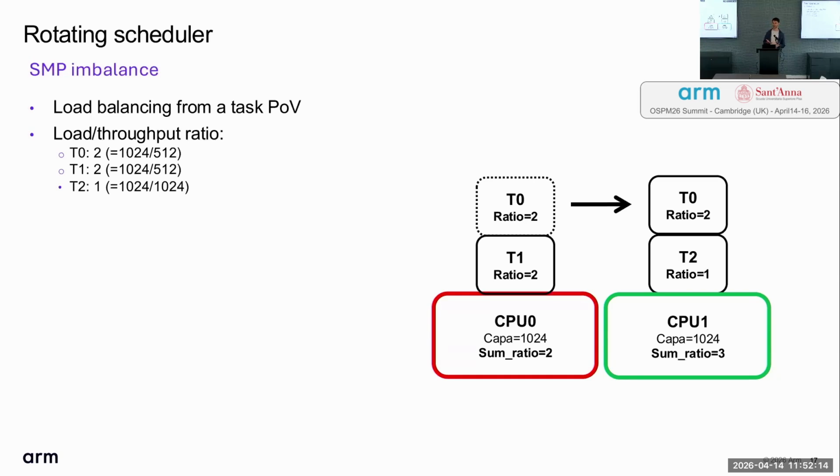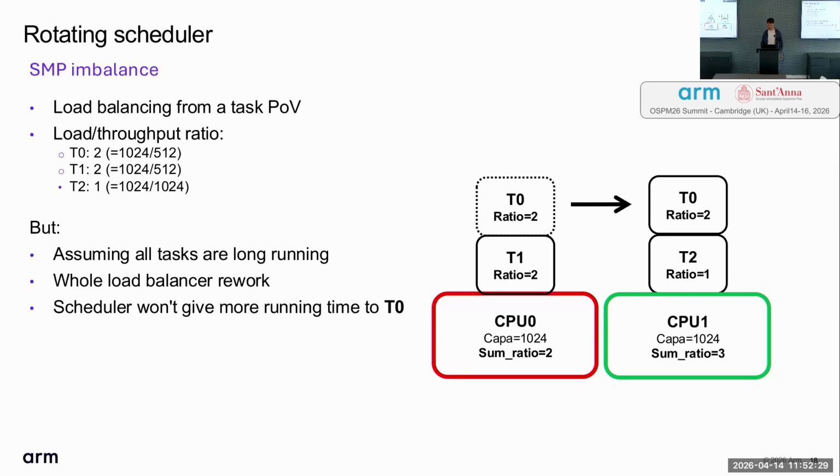If you wanted to go further, task 0 should try to steal some running time from task 2, which means too many modifications. It goes a bit too far, I think. Also, one important issue is that we assume all the tasks are long running, which is not the case.